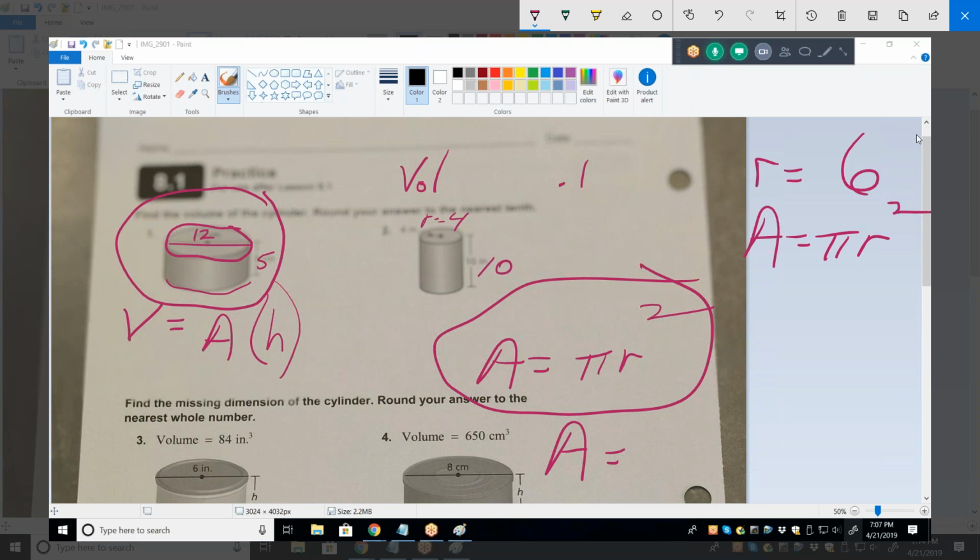It's not what is reality. Reality is pies are circular. So pi r squared should be easy to remember. So all you got to do is remember that it's not reality. Reality, pies are circular. This is not circular. This is pi r squared.